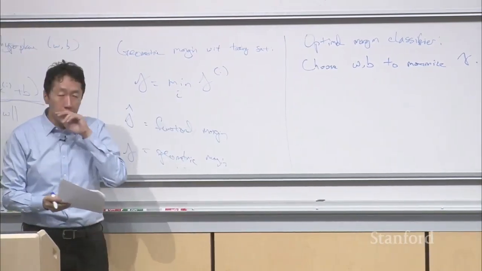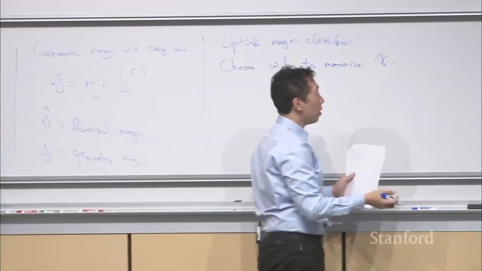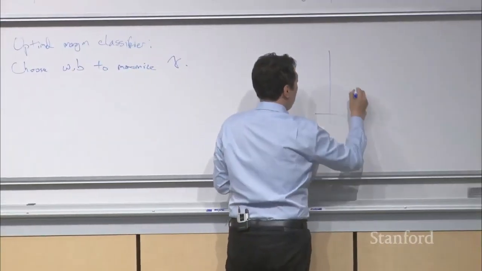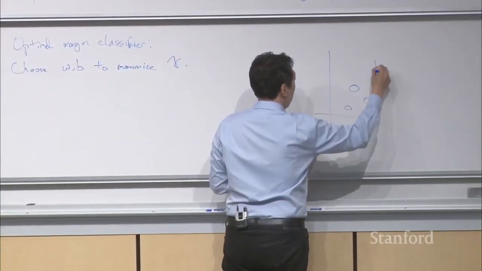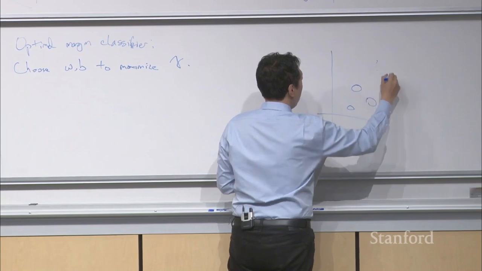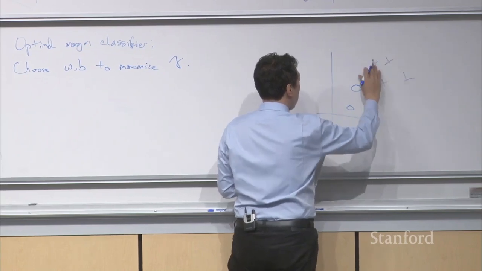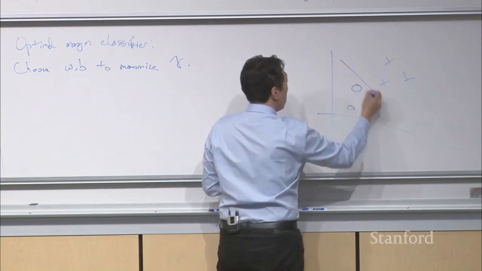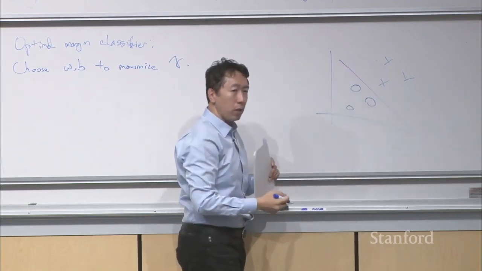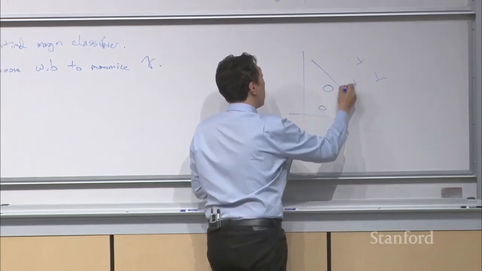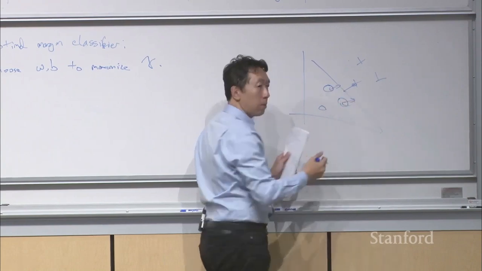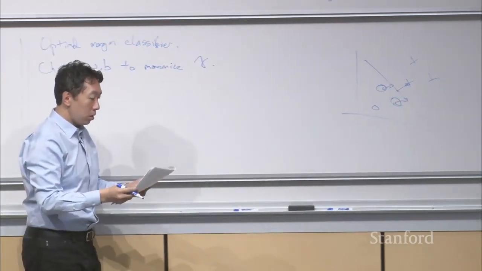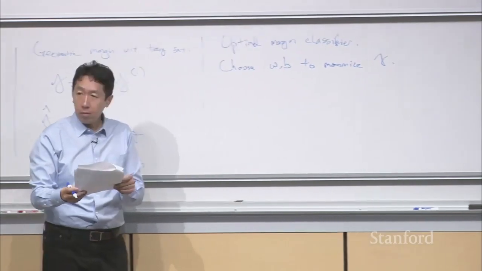In other words, the optimal margin classifier is basically the baby SVM. It's like an SVM for linearly separable data, at least for today. And so the optimal margin classifier would choose that straight line because that straight line maximizes the distance, or maximizes the geometric margin, to all of these examples.